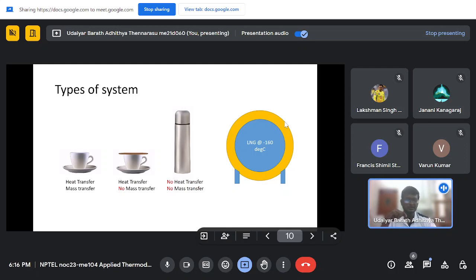With the assumption that it's not an ideal case, it will be a closed system. And in all the actual cases, you also have a pressure relief valve or other system. So when pressure is relieved, there can be mass transfer, and if you are taking material out, there can be mass transfer. In that case, it will become an open system as well. So based on the assumption, you can classify it into the systems. I hope this is clear.